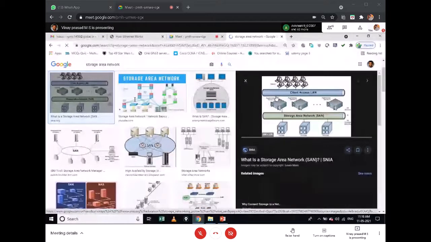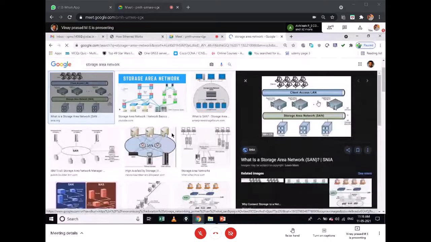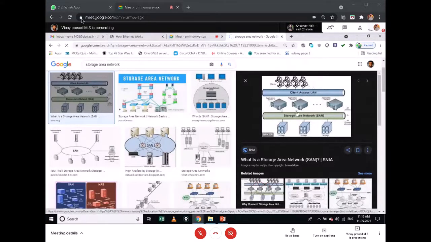From these servers, you have a client access LAN, which is your typical LAN, either Ethernet or fiber. But your servers and the storage device are connected with a dedicated network, which we call a storage area network. It is a dedicated network between a server and a storage device.